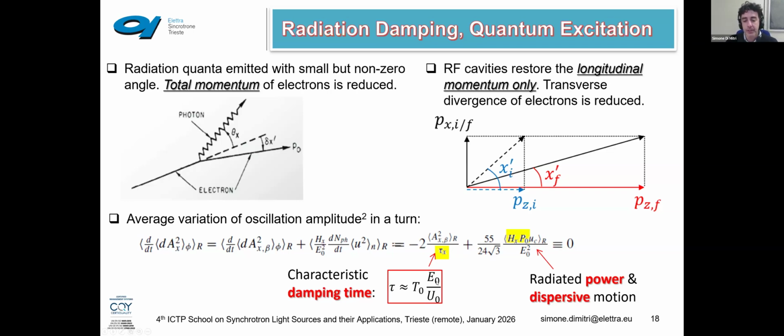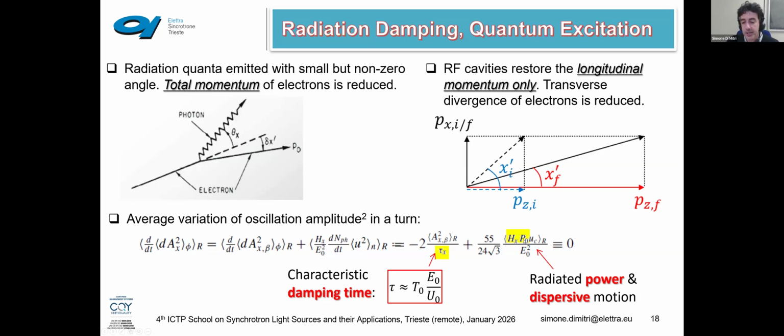This ratio, E0 divided by U0, is typically a large number because U0 is much smaller, let's say 1 per mil of E0. That means that the so-called damping time is basically something of the order of 1000 turns, which sets the time scale on which the equilibrium is reached.